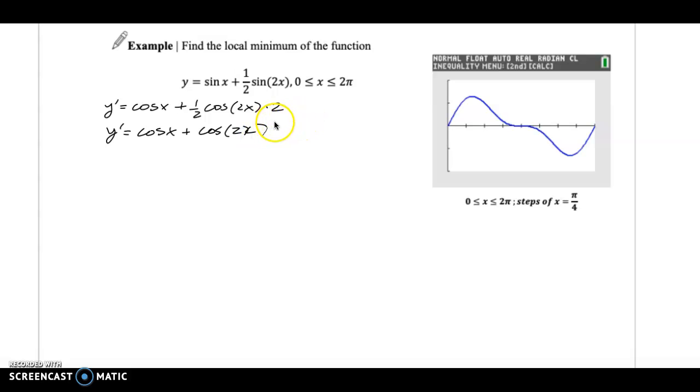So you want to remember here, that's a double angle formula. These are in your formula booklet. Okay, so that's going to be in the formula booklet.